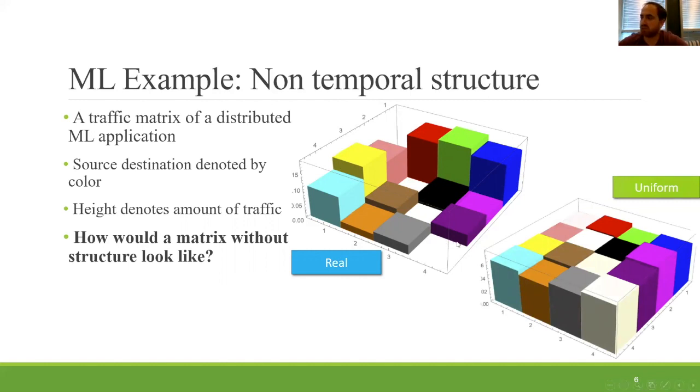All of the pairs communicate with each other at the exact same rate. So we can see that in the uniform matrix, indeed, all of the columns are about the same height, and there is no difference between pairs of destinations. So we can clearly see that the real matrix is quite different from the uniform random matrix.